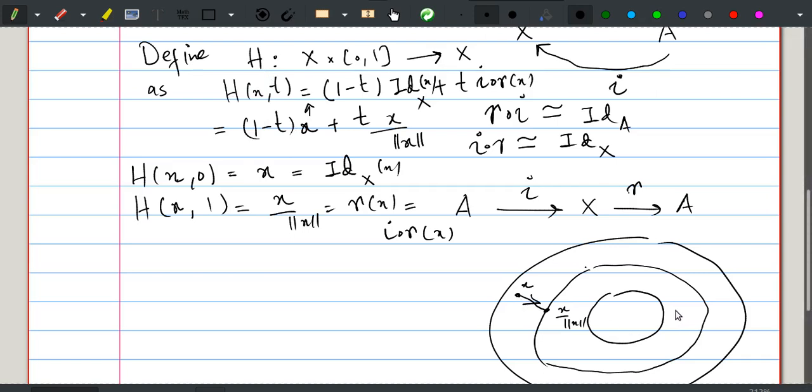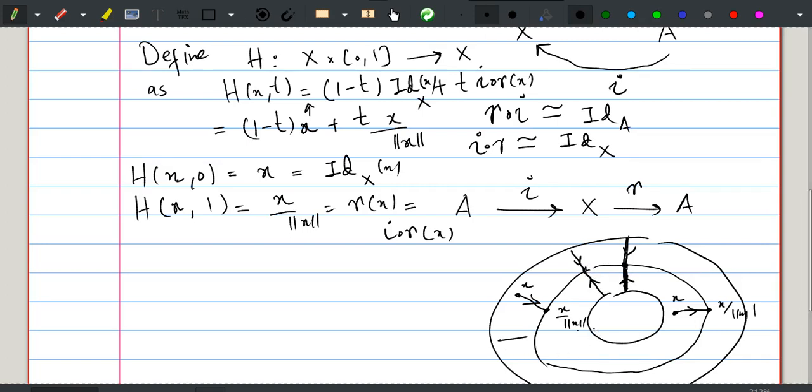Now if this point x is here, then again the point x over norm x will lie on this circle. So in that case it takes this point to this point. So what this homotopy does, it contracts the points on this line segment from here to here to this point, and points on this line segment from here to here in this direction. So all points in this angular region, they all get contracted back down to this point.